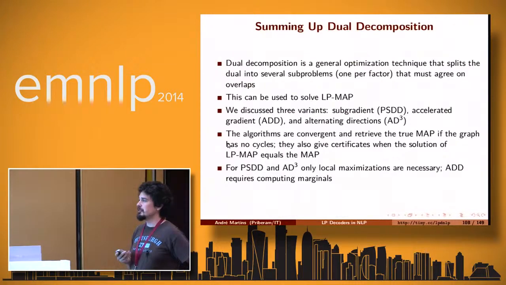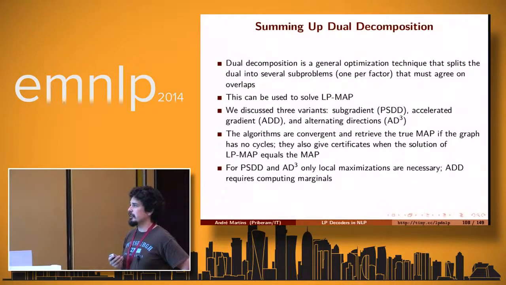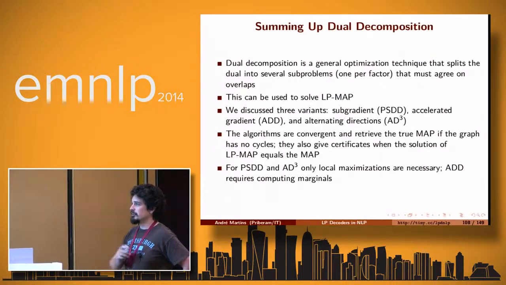So, summing up, dual decomposition is a general optimization technique that splits the dual into several subproblems, one per factor, and imposes that these subproblems must agree on their overlaps. You can use that procedure to solve LP MAP, and we have discussed its 3 variants, which are all convergent, unlike some of the message passing algorithms.